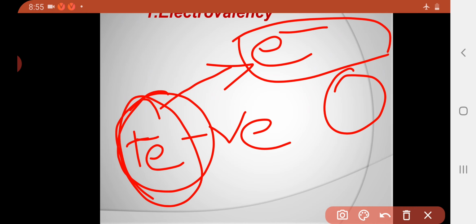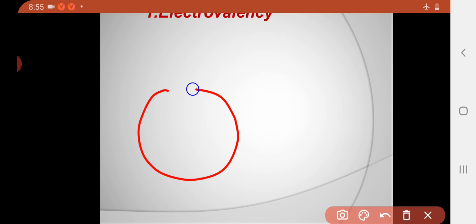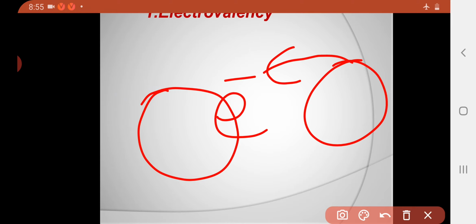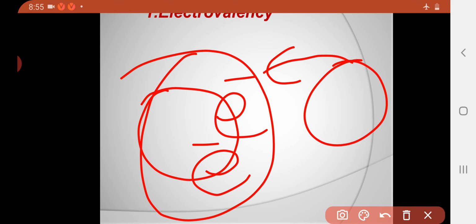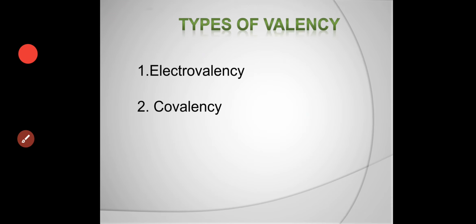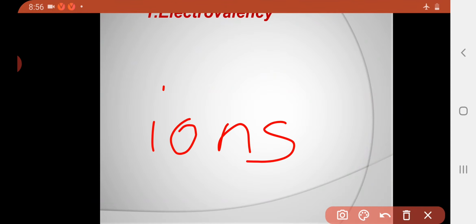And if the atom gets electrons from another atom, it gets extra electrons, so the number of electrons increases, which means the atom gets a negative charge. When atoms get a positive or negative charge, they are called ions, right?